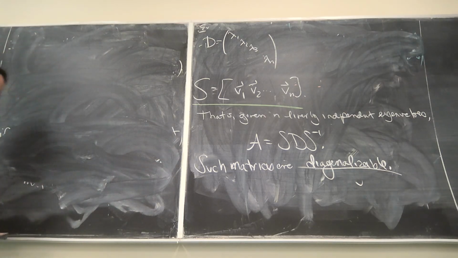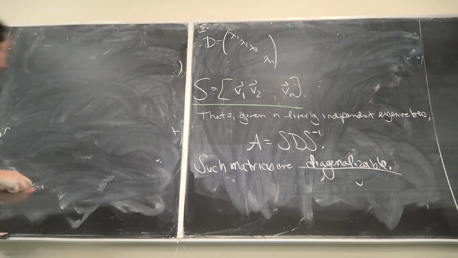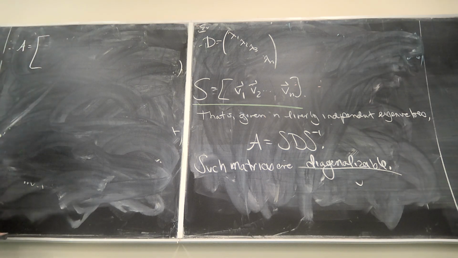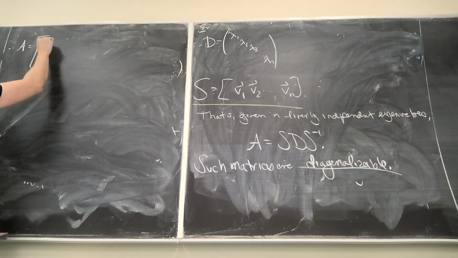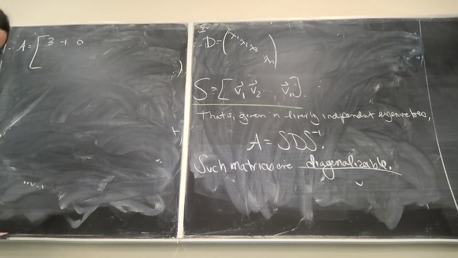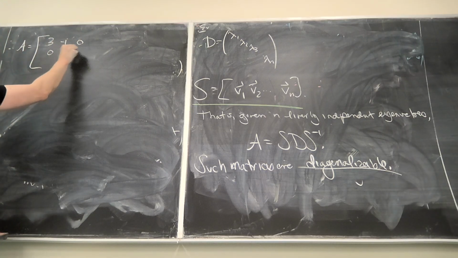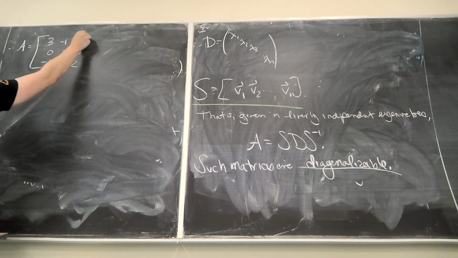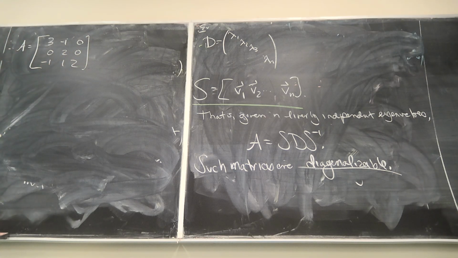Okay, so if I give you this matrix, A is equal to 3, minus 1, 0, 0, 2, 0, minus 1, 1, 2. And you go through the process of finding its eigenstructure.